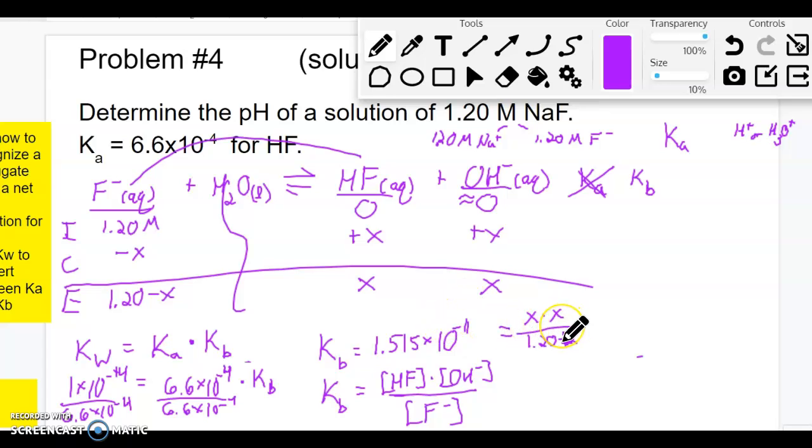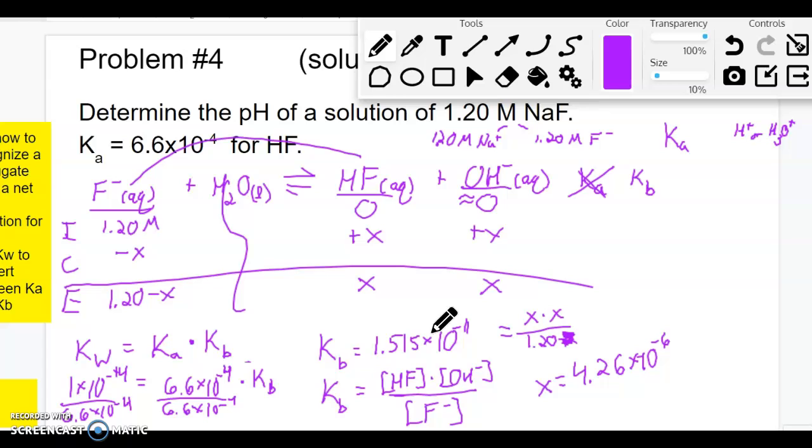So I can assume that this is negligible. I can multiply by 1.2 on both sides and then take the square root. I will get my X value is equal to 4.26 times 10 to the negative 6.